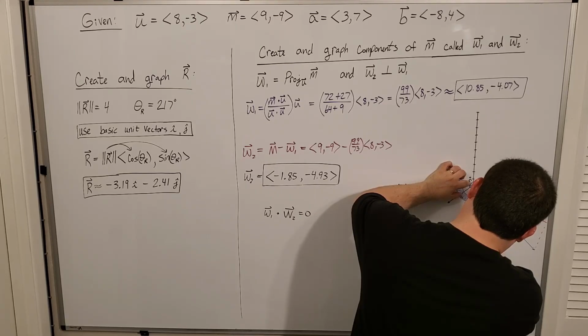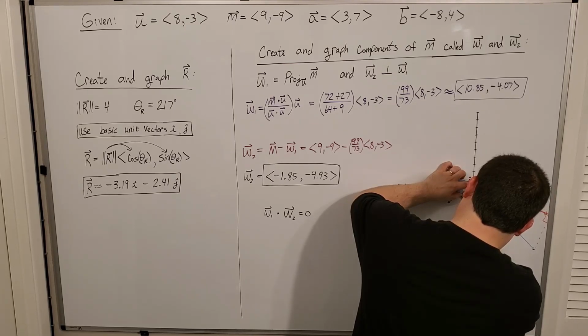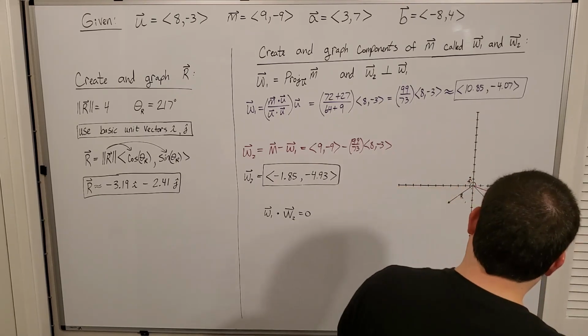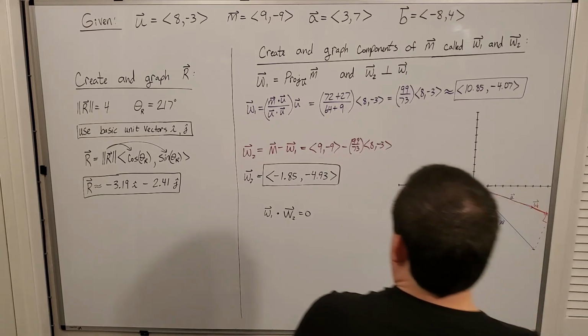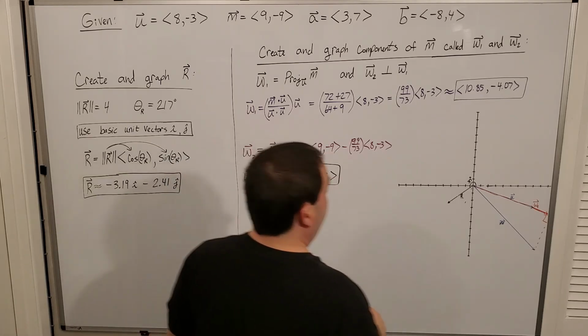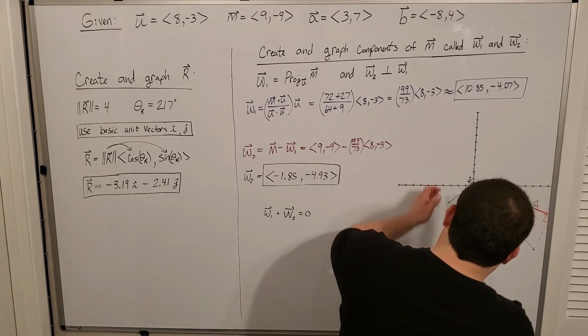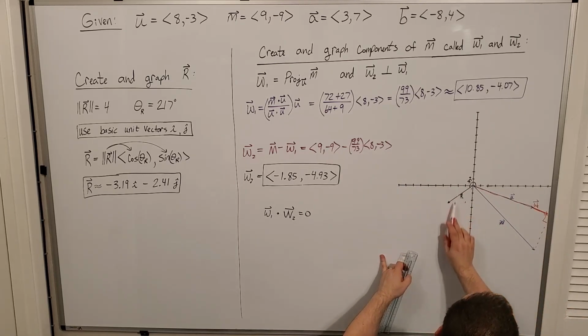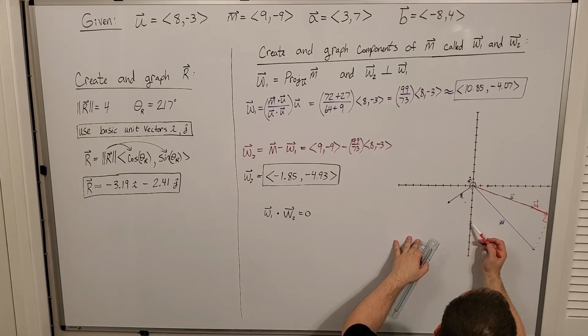So let's get that. Like that. And we're going to just under negative 2, just under negative 5. Negative 2 is here. Negative 5. 1, 2, 3, 4, 5 is here.